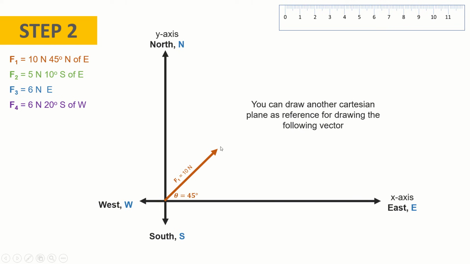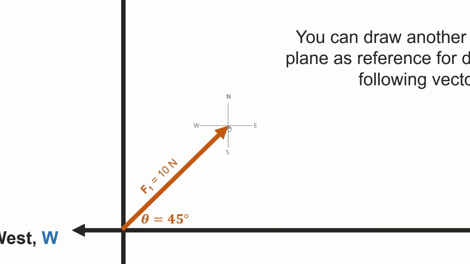So let us create another smaller Cartesian plane. From the tip of our previous vector, let us draw it. We have a new north, east, south, and west. This is our basis for sketching our next vector.